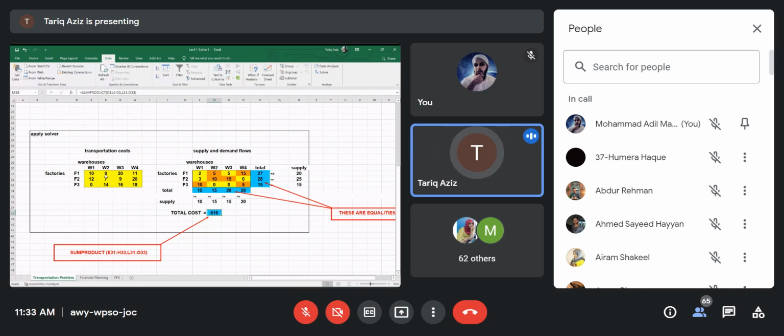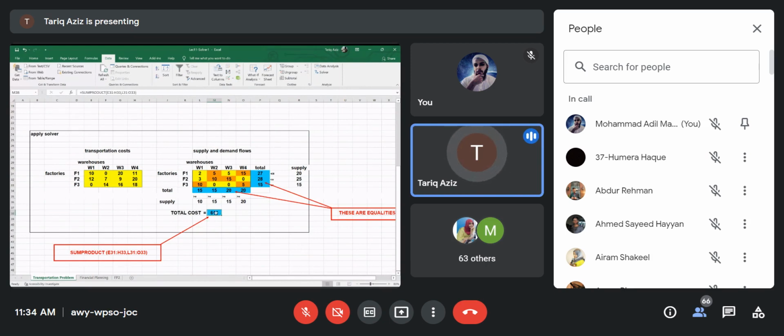Matrix 1 is the matrix for this transportation cost, and the matrix 2 is the one which we have to fill. We have put some random values here, and we are multiplying these number of units with cost, and the total cost is being calculated using the formula of sum product, which multiplies rows and columns.